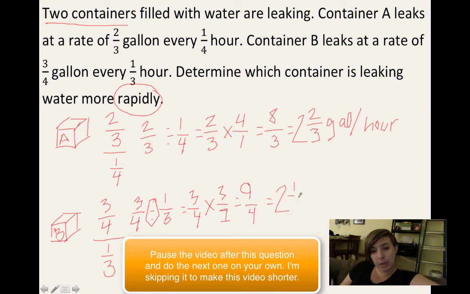That means that there is 1 left over. So this is leaking at 2 1/4 of a gallon per hour. Which one is leaking faster? This one is leaking faster.